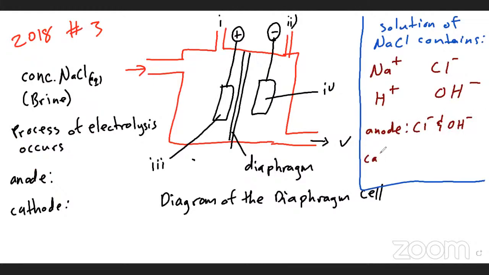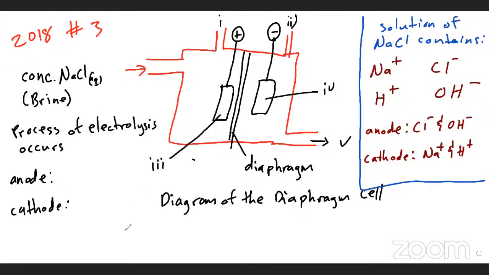And at the cathode, you would have the sodium ion and the hydrogen ion. So these are the ions present in the solution. Negative ones go to the anode. Positive ones go to the cathode.